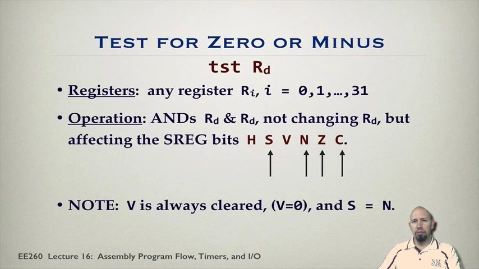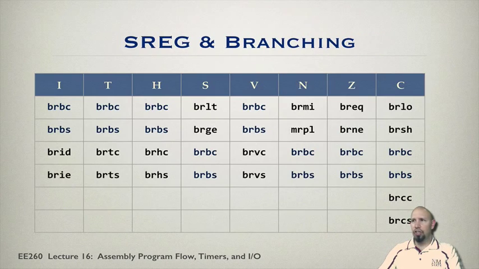Now, there are a number of branch instructions associated with the status register. Here are branch instructions associated with each bit of the status register. The carry bit, you can see, has the most instructions associated with it.